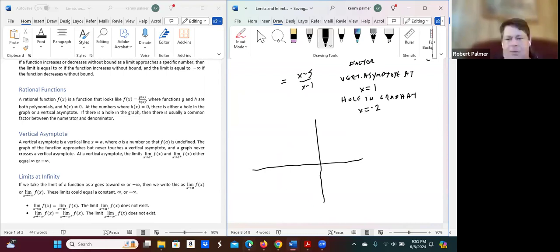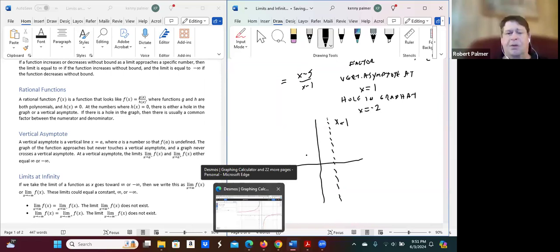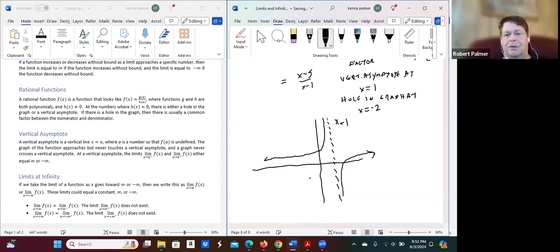Okay. And then we said there's a hole in the graph right here at x equals -2. Now, once again, think about the limits: as x goes to 1 from the left, it goes to positive infinity, and as x goes to 1 from the right, it goes to -infinity.